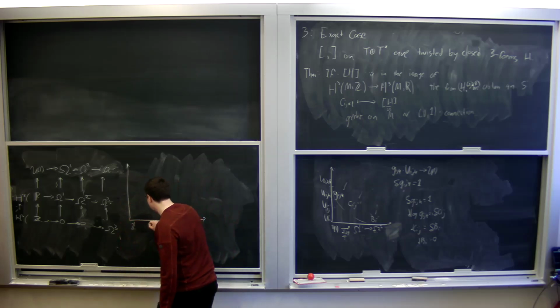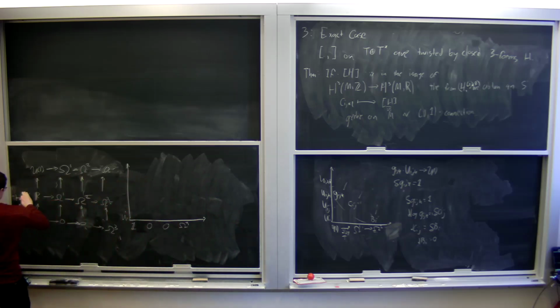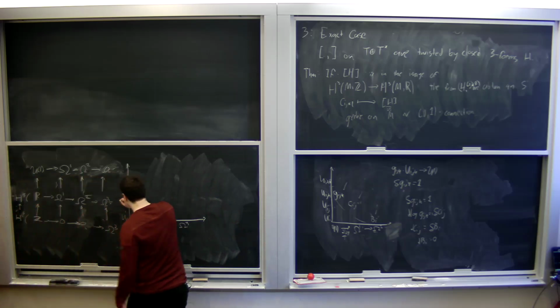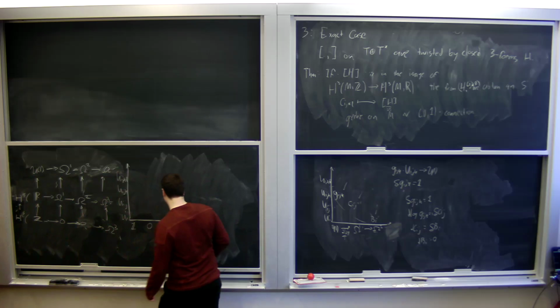We've got our complex like this, and now we're looking at H3 of these instead: Uij, Uijk, Uijkl.